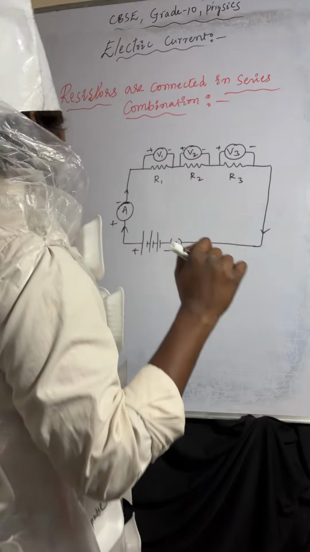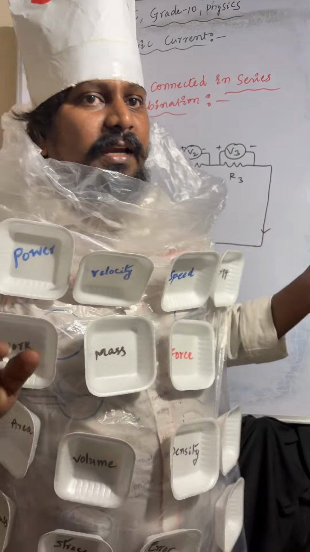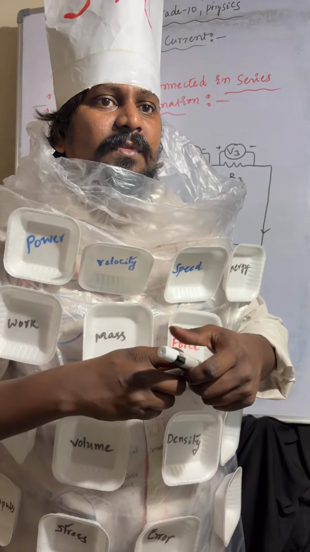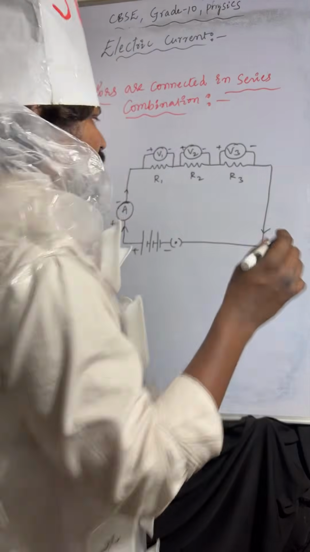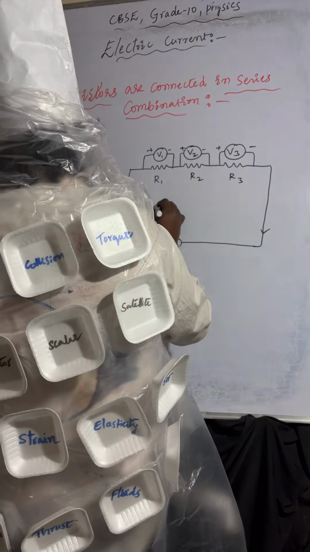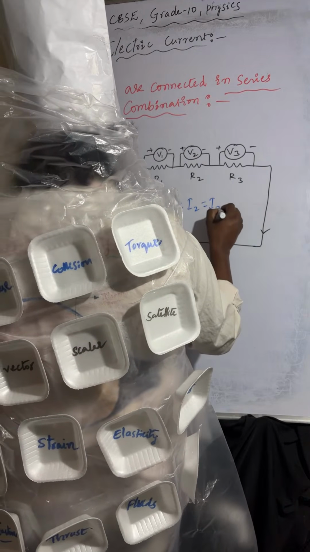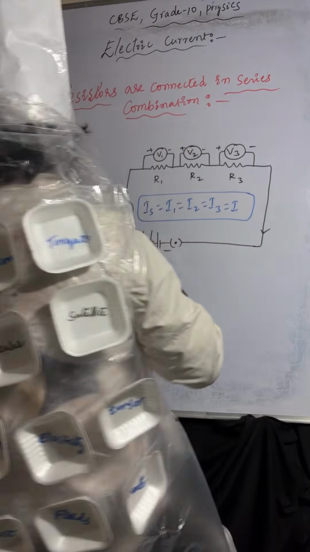Throughout the circuit, the current is the same. So IS equal to I1 equal to I2 equal to I3 equal to I.